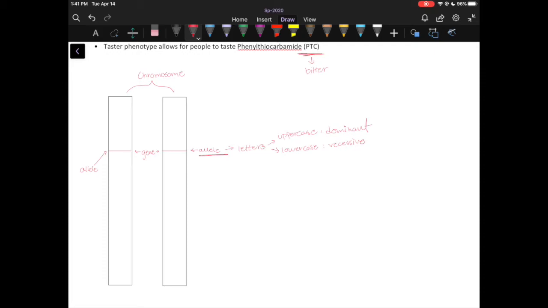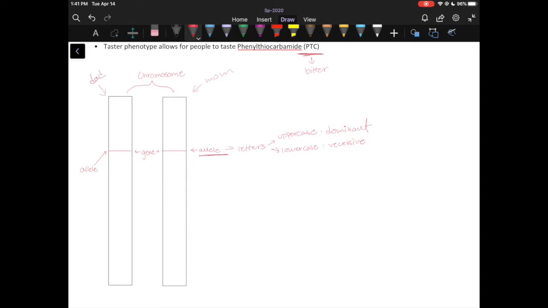So let's assume that the ability or inability to taste PTC is due to a single gene that codes for that taste receptor. So that's shown here in the red, right? And for this gene, we get one chromosome from our dad and one from our mom, right?